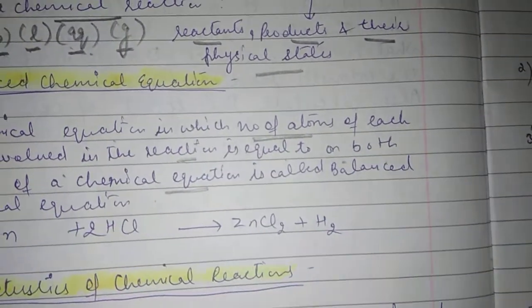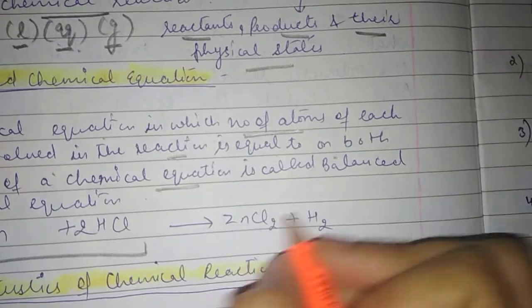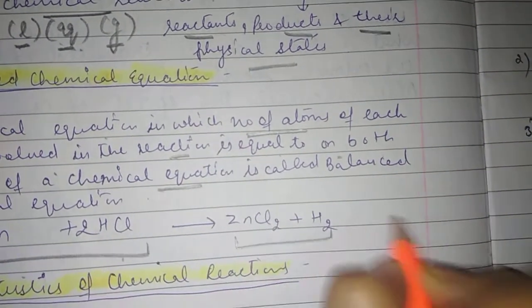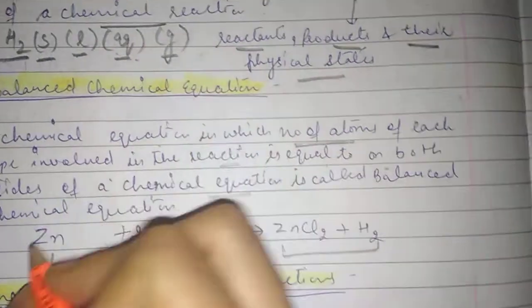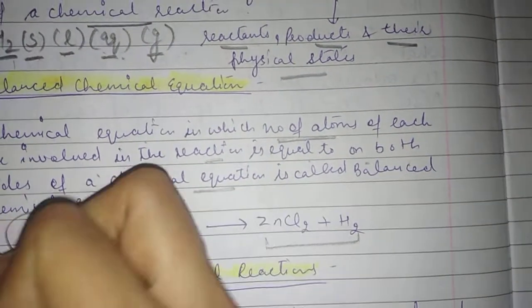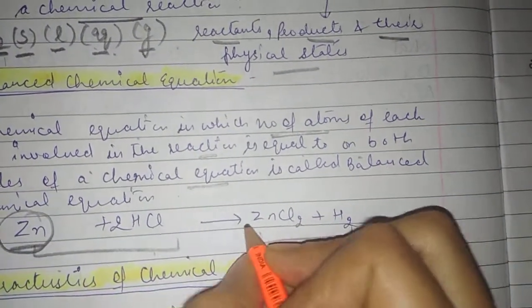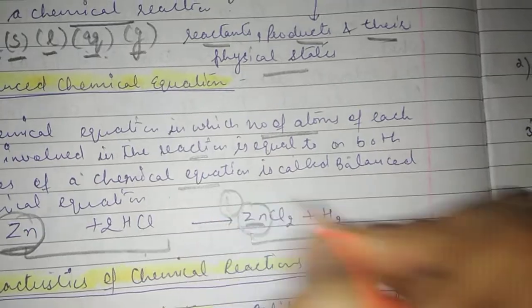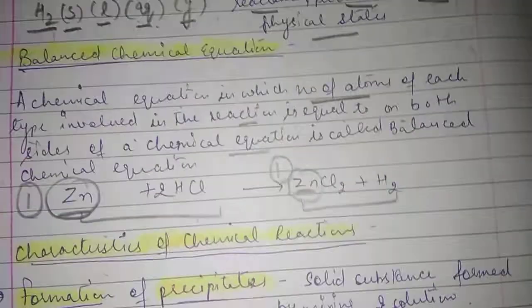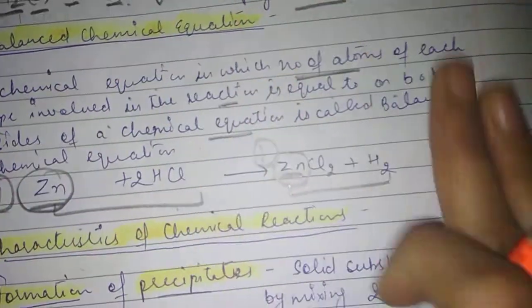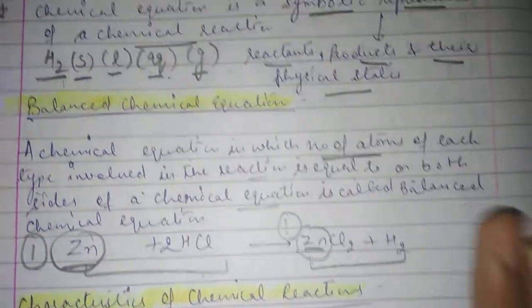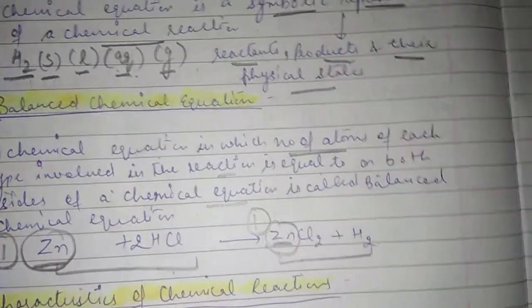For example, this is the reactant, these are the products. Zinc has one atom here, and here also zinc has one atom. So the number of atoms on the left hand side should be equal to the right hand side. We will do one example so that we understand.